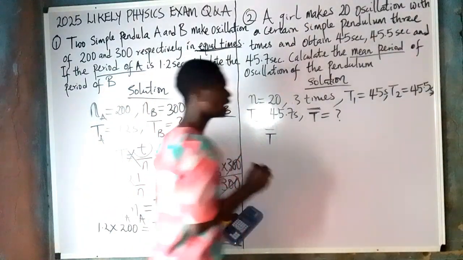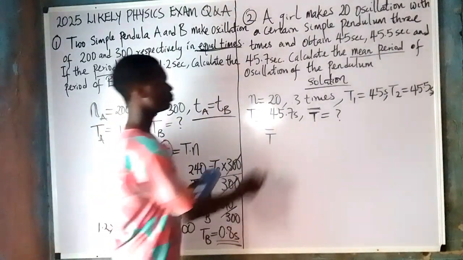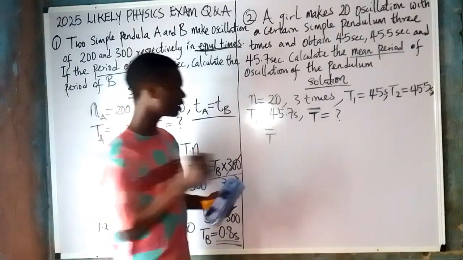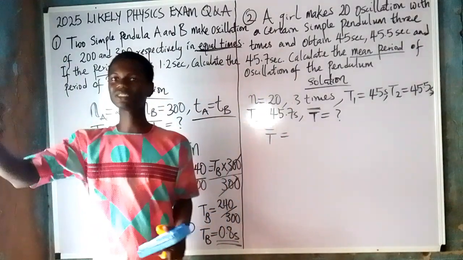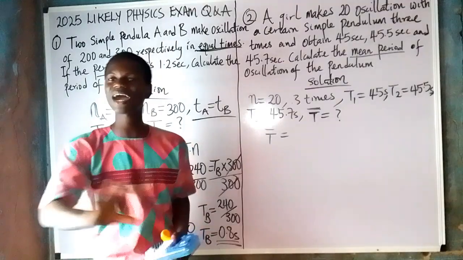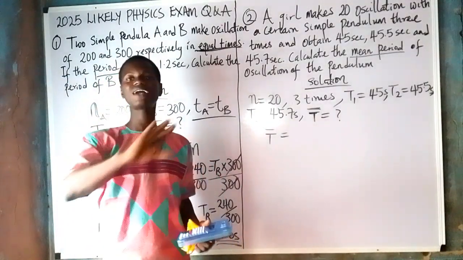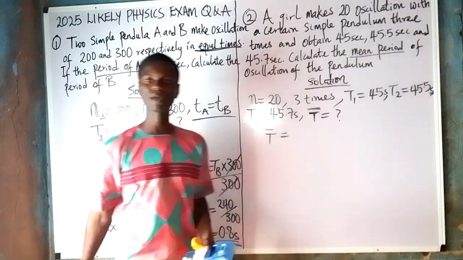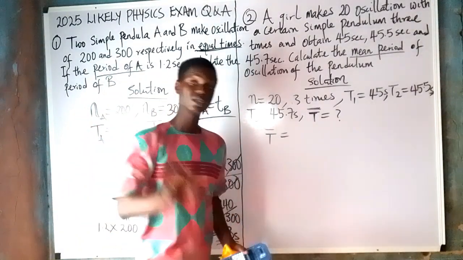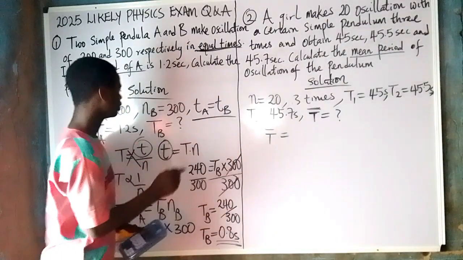Is there a formula we can use to get our mean period? From normal mathematics, whenever you hear mean, you are summing something and dividing it by the sum of another. Let's say the sum of a set of quantities over the sum of another quantity. What quantity are we talking about here? This is about period. The normal formula for period is small t over small n.